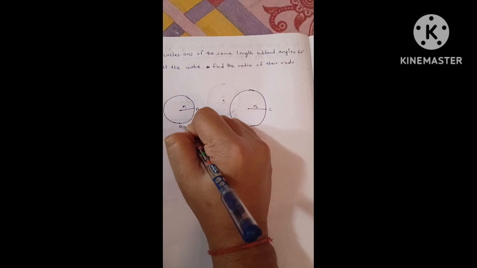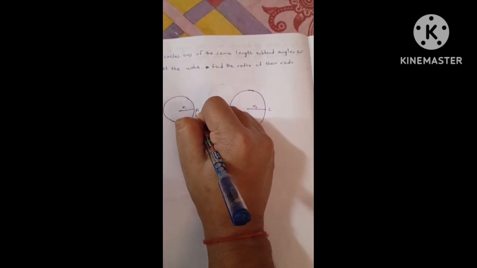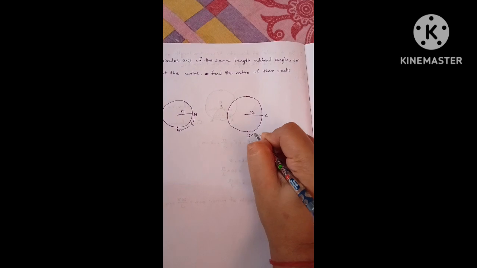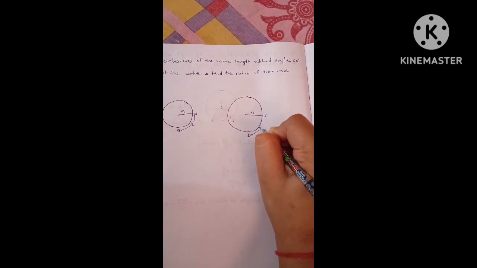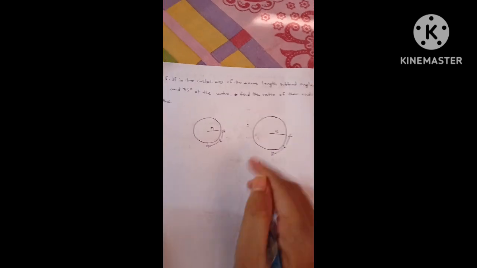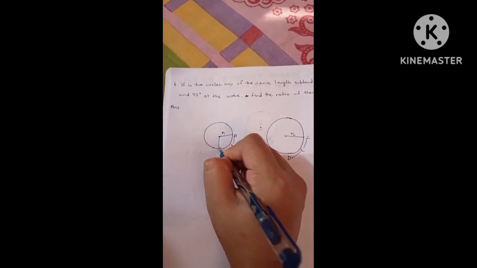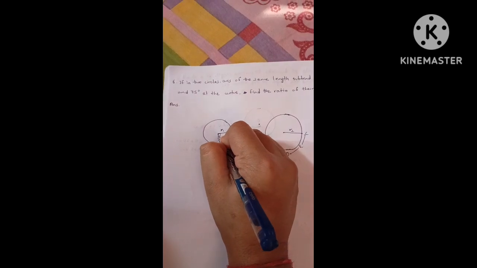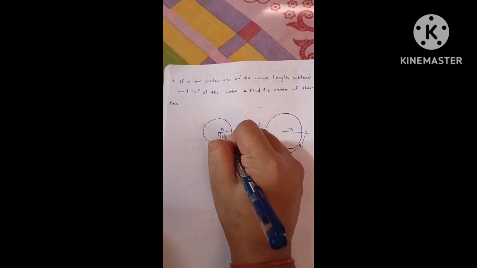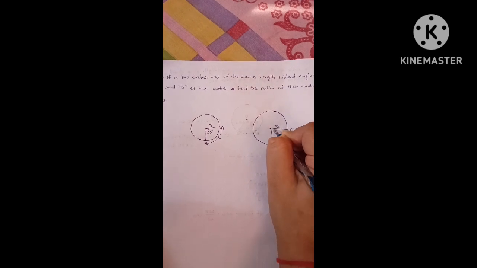Now according to the question, their lengths are the same. Let the length be L. Now they subtend an angle at the center of 60 degree and 75 degree.